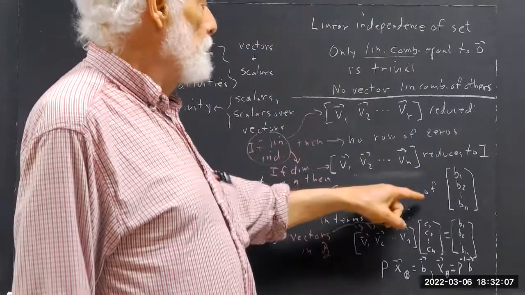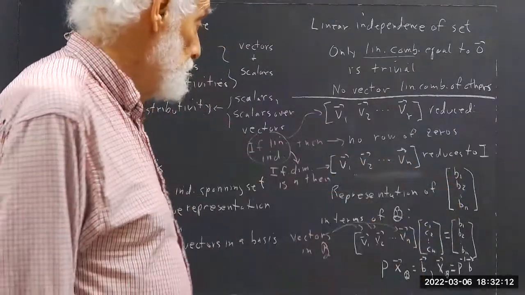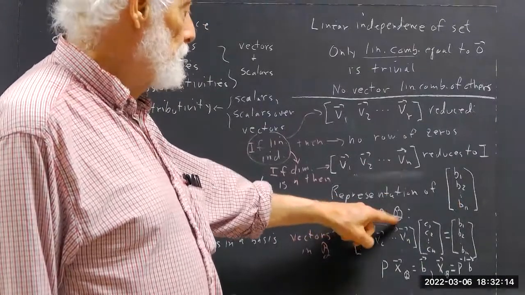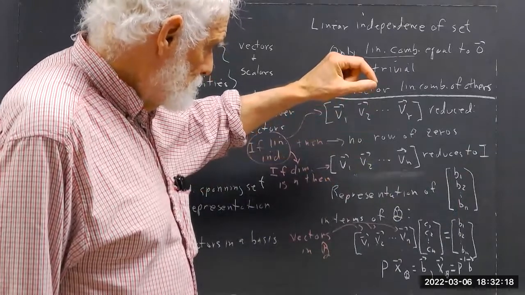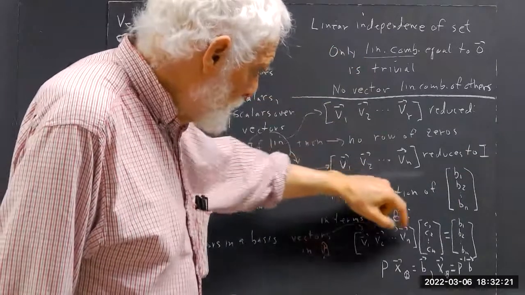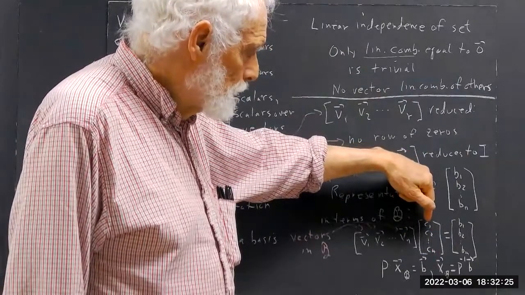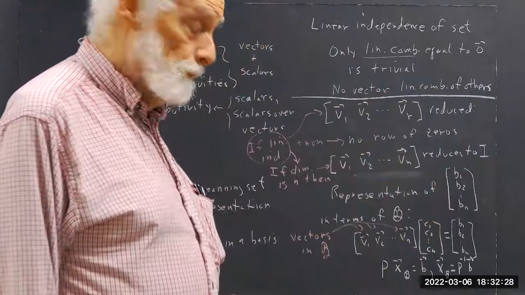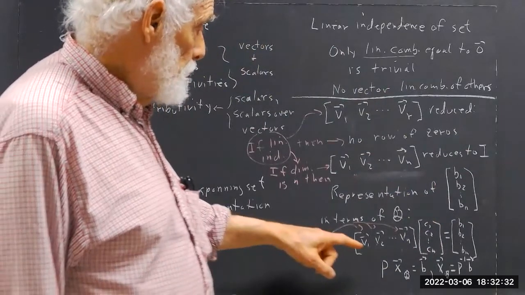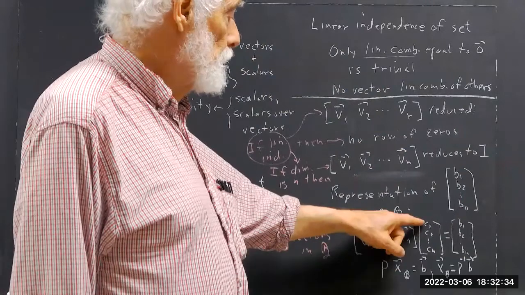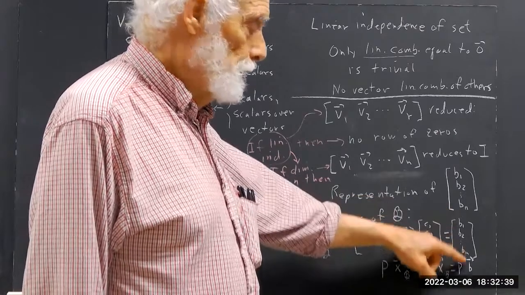Well, representation of any old vector in the space in terms of a basis P is a set of numbers, C1 through Cn, or the vector with components C1 through Cn, such that the linear combination C1 V1 plus C2 V2 and all the way up to Cn Vn is equal to this.